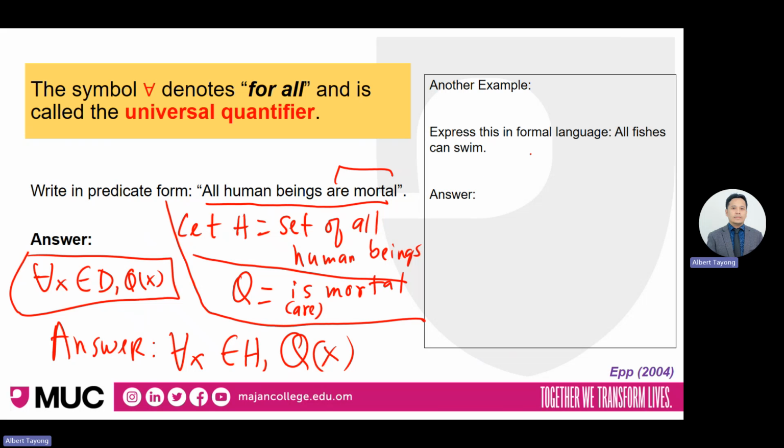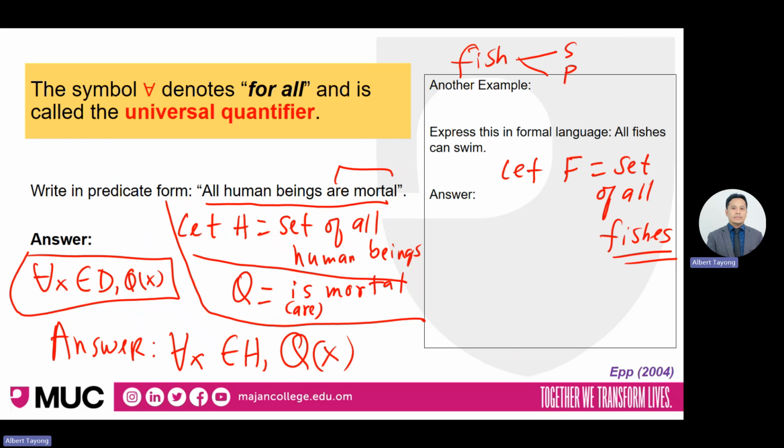All fishes can swim. Okay, so that is our sentence. So we let F equal the set of all fishes. Or usually we can use the word fish. Fish is also singular, you know, or you can also use fishes, singular or plural. Okay, fish actually can be taken as singular or plural. All right, now here we have "all".